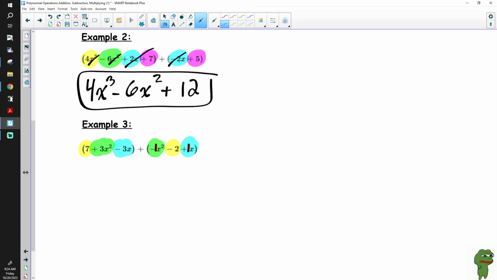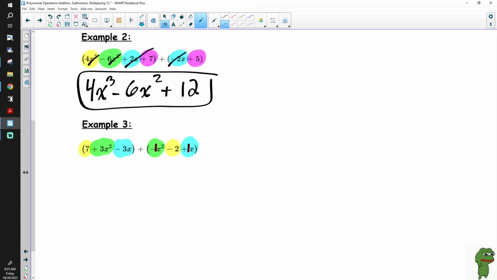Doing number 2 and 3. All your numbers are these two. You want them in order. Now just put your terms in order.